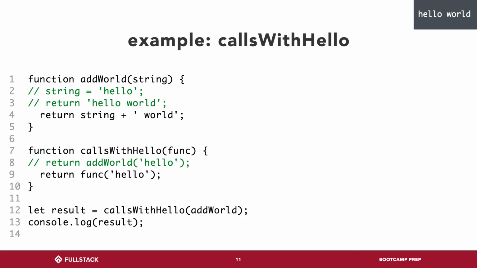It's just not being called yet, so you can pass it around like a variable, a string, or any data type. That's why it's so flexible, and that's why web pages are possible: you can have event listeners where you pass in a function that would be called at a later time on some trigger from the user. That's what makes everything possible, that you can pass functions in as parameters.